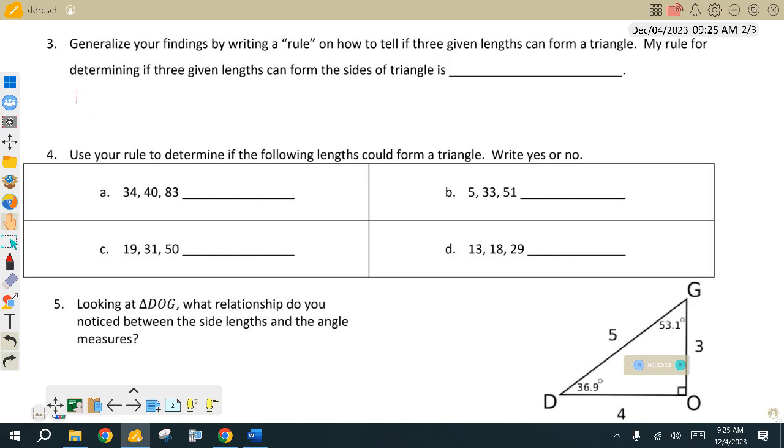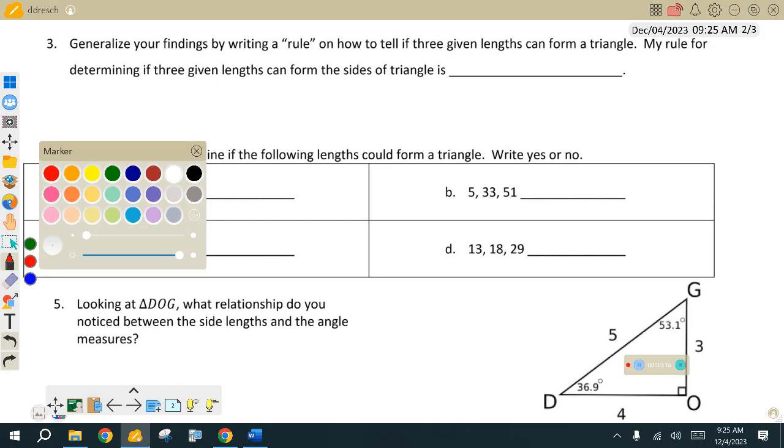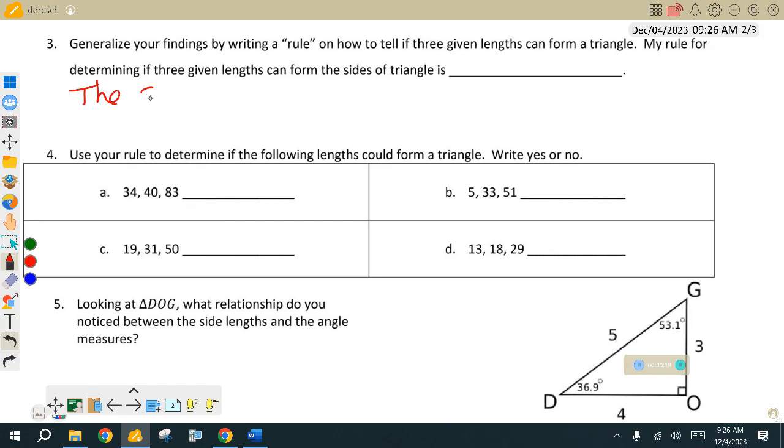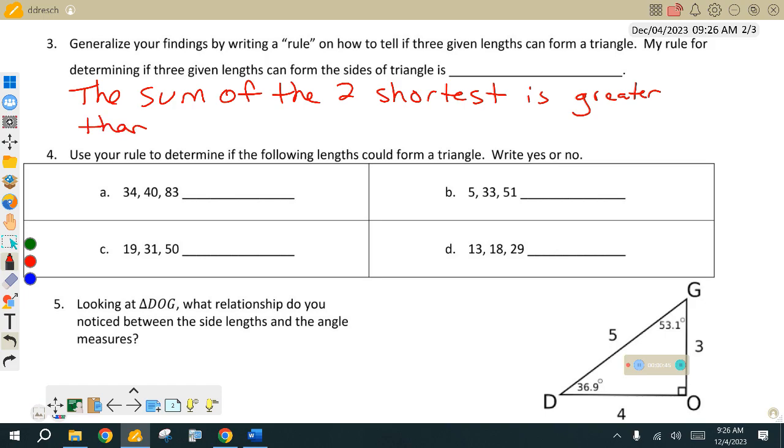As Caden said, the sum of the two shortest sides is greater than the third, and the third would be the largest side, right? So that's what we call our triangle inequality theorem.